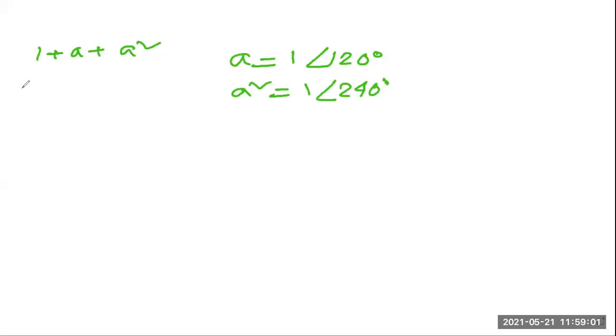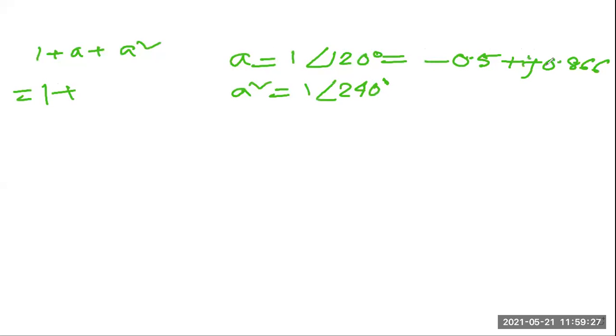Could you please substitute here? 1 plus cos 120 degrees, which is minus 0.5, plus j sin 120, which is plus j 0.866.